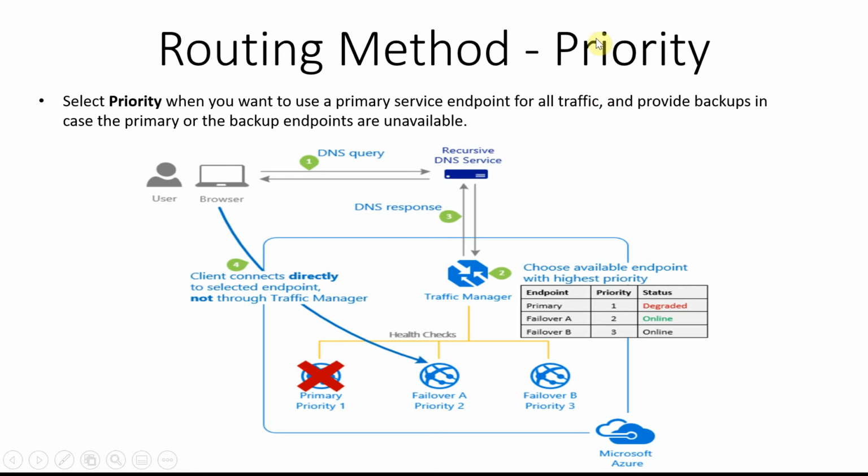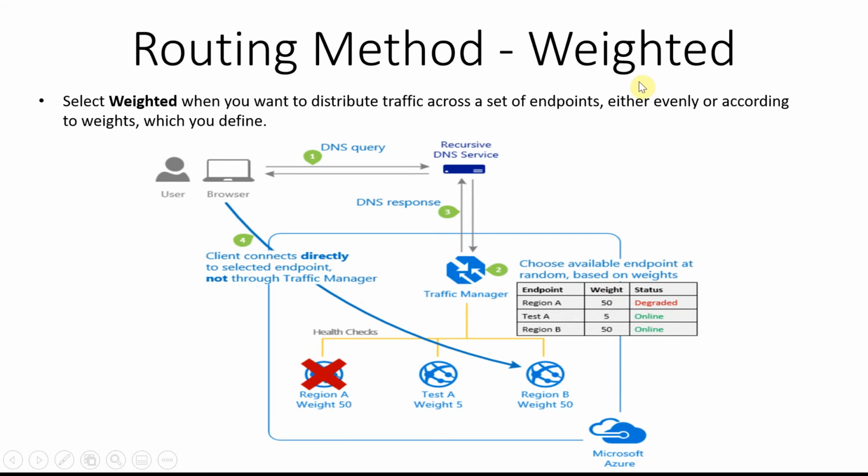This is very basic. It does not have any intelligence, but you have other options. For example, let's say you're interested in routing the traffic based on weightage. By default, you will give a weightage. Let's say 50 for region A, 5 for region B, and 50 for the third region. These are the three instances that we have.